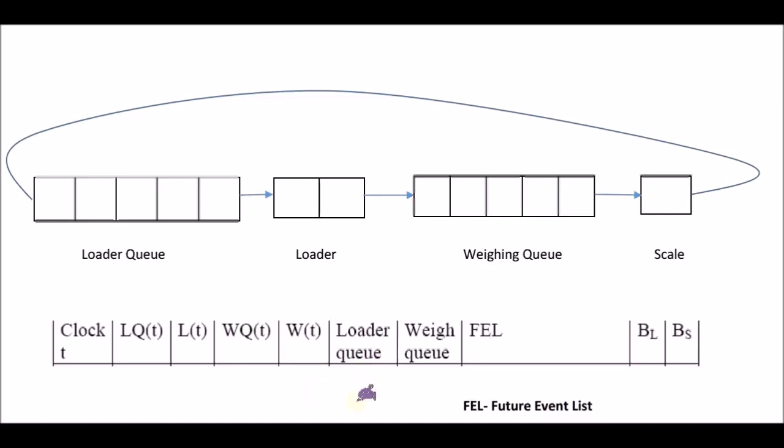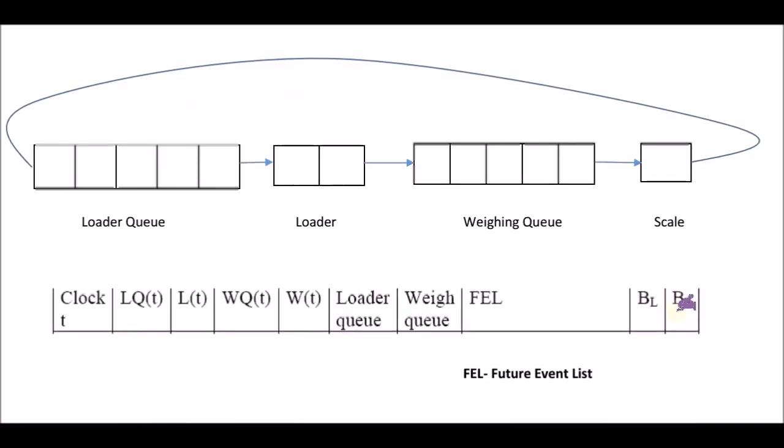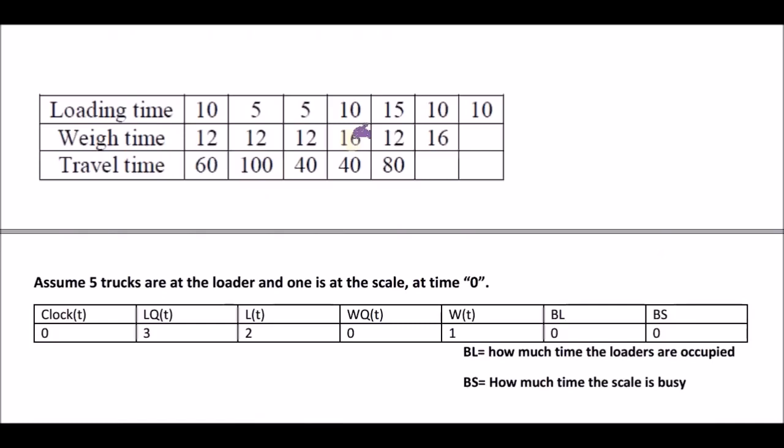What are the truck numbers in the loader queue? The truck numbers in the weighing queue? The future event list? And then finally, BL and BS. BL is loader busy time. BS is scale busy time. So we have seen all of this a few minutes back. The only new thing is these last three things.